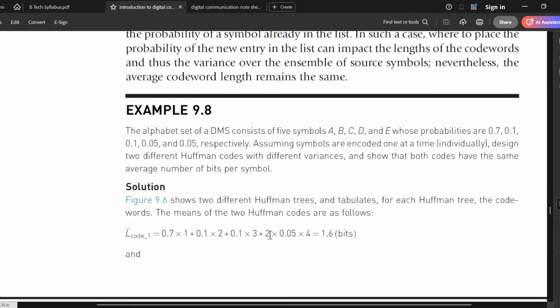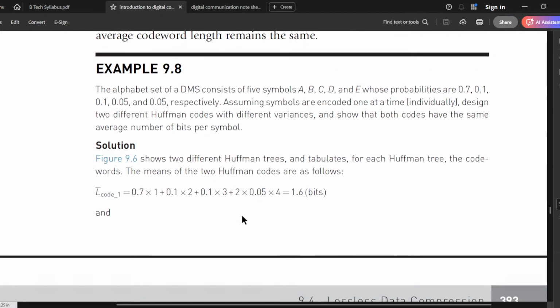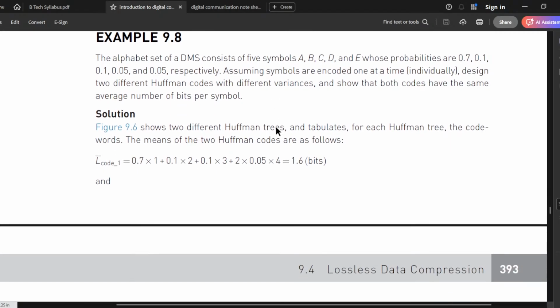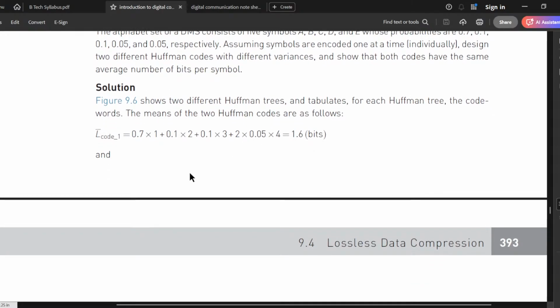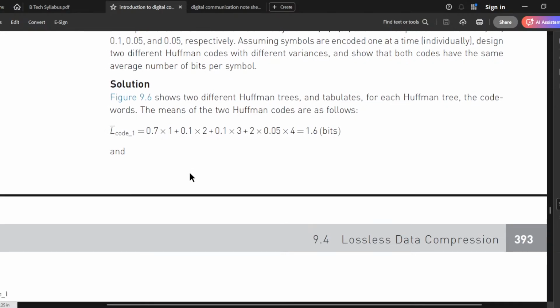Example number 9.8. The alphabet set of a DMS consists of A, B, C, D, E with probabilities 0.7, 0.1, 0.1, 0.05, 0.05. It shows two different Huffman trees and tabulates for each Huffman tree the code words. This means the two Huffman codes are as follows.